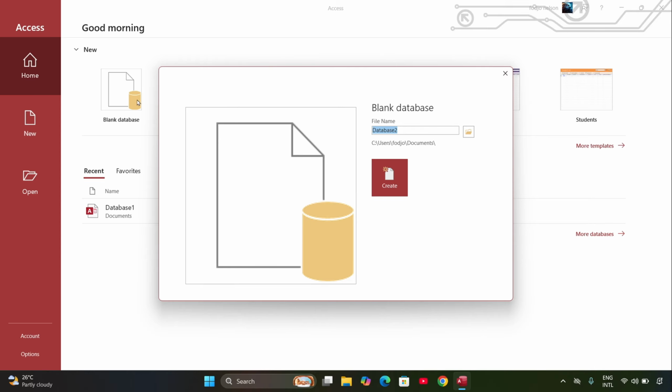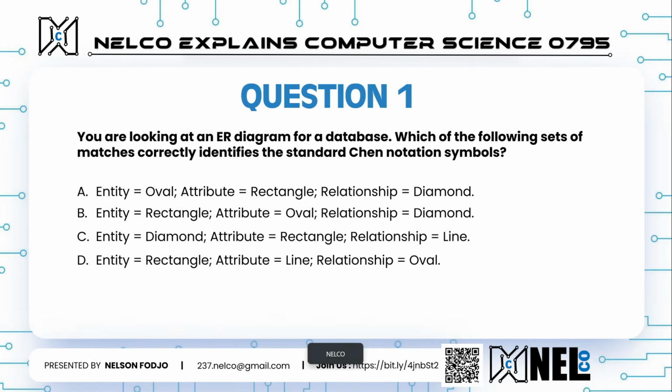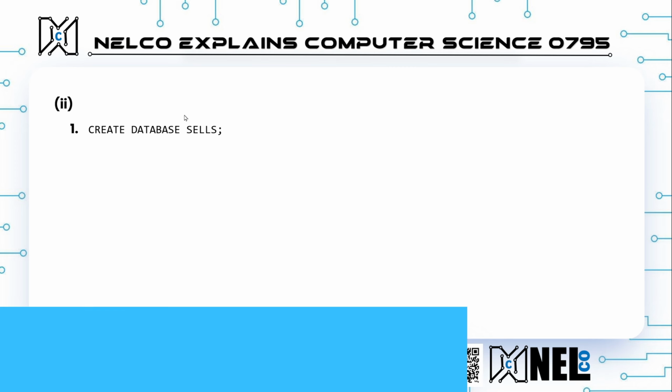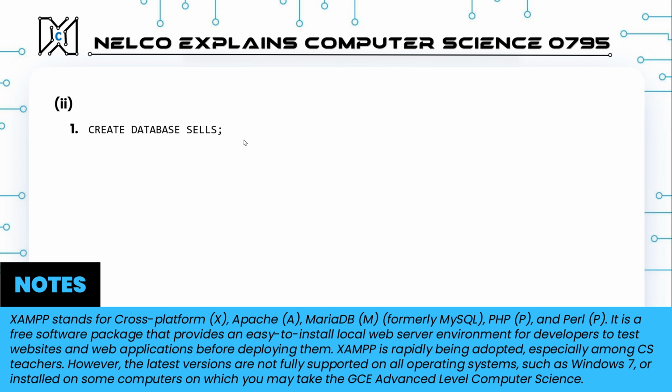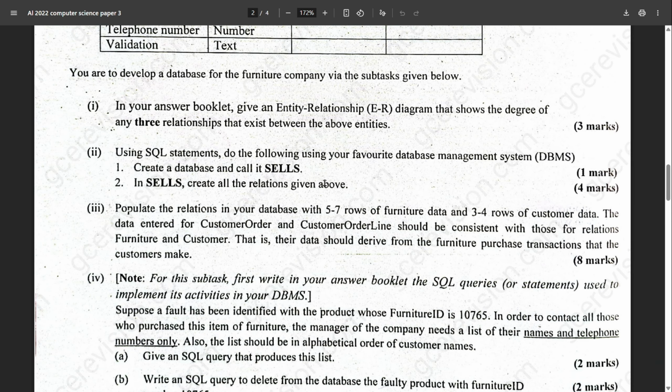So to create a database, you need to go through the GUI, and here I will just type cells and click create. Good. But in your answer booklet, you were told to use SQL. So you are going to write CREATE DATABASE cells semicolon. This is the SQL query to create databases. In other DBMS like XAMPP, you can actually create a database through an SQL query. Next, we are told to create the relations given above.